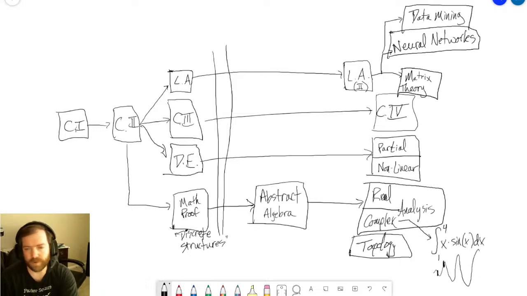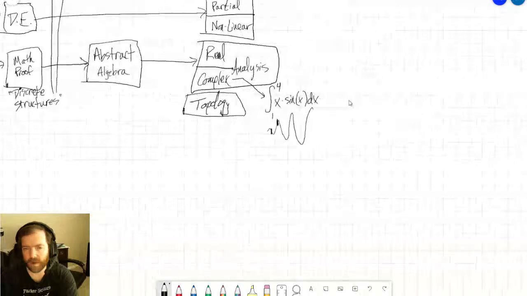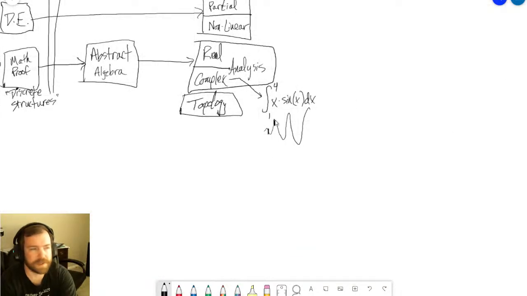So what we're going to do is translate this via some sort of transformation into an integral. It's a residue. What's the notation for that? I don't even remember.